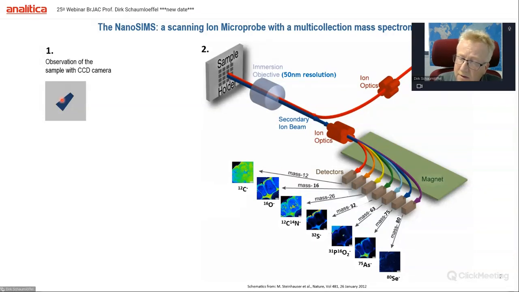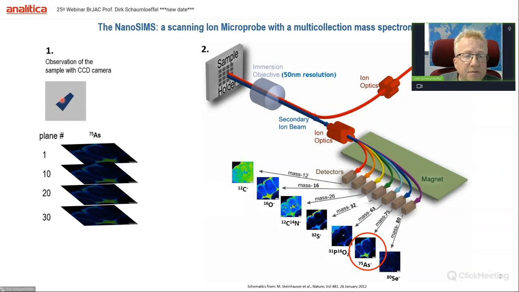This is an example from one of our projects, an arsenic project. I will present this project in detail later, but let's have a look here at this arsenic signal, this arsenic image. Usually, when we have a quite low intensity, we can do one scan after another. So we are not limited to one scan.